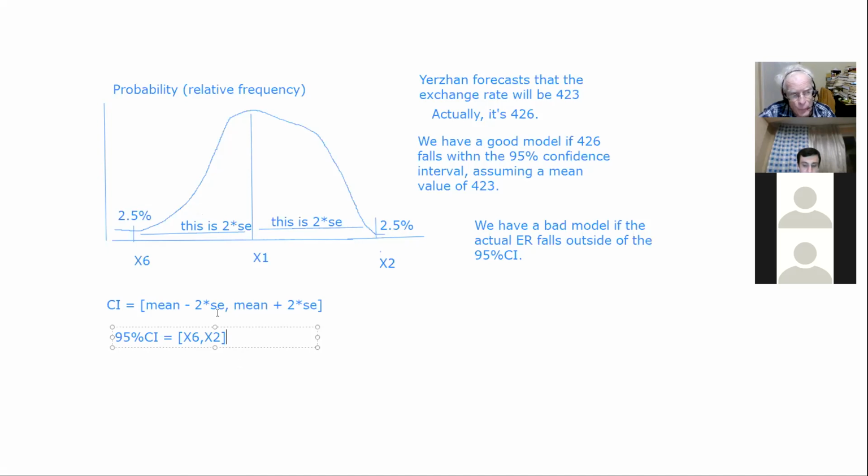And we think that our model, in this case the exchange rate model, is good enough to give us an interval of possible values that are very likely to occur. Okay, so far? Okay, so let's now go back to Urzon's model.